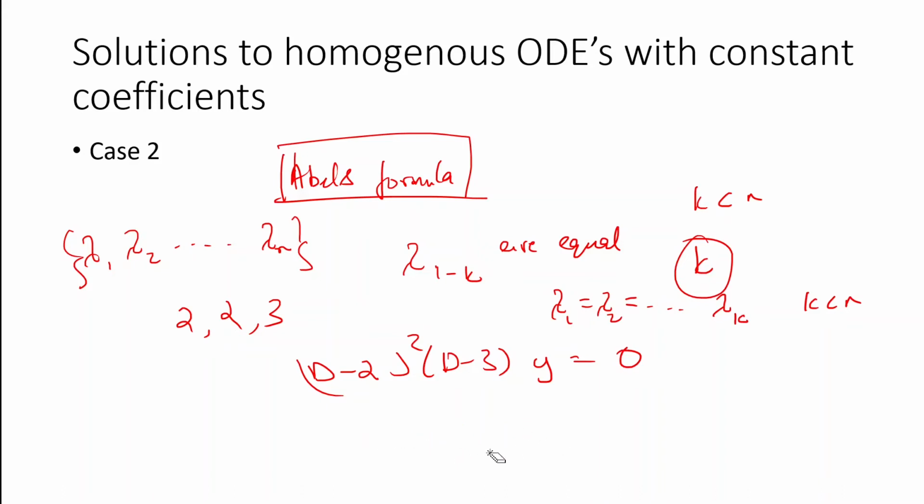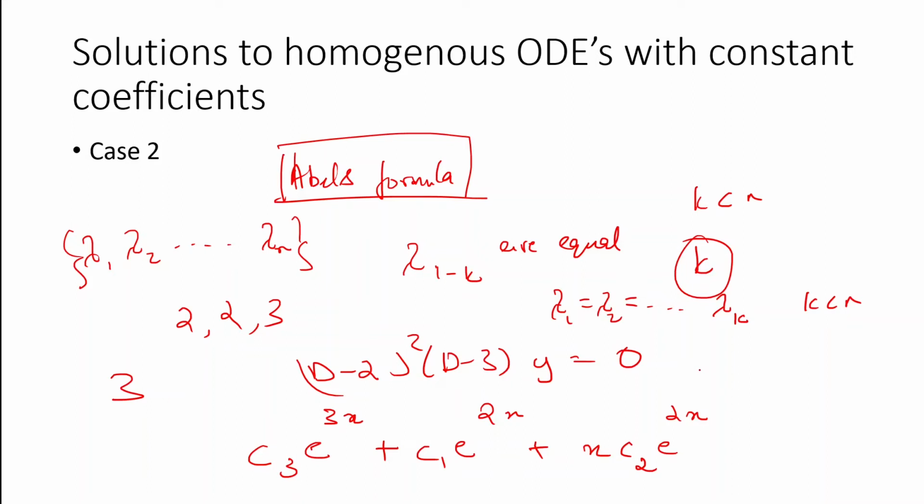So for the one that is different, we can directly write c3 e to the power 3x, plus one solution we can write as c1 e power 2x. But the second solution c2 e power 2x we cannot write. This is wrong. So what we do is multiply by some x and then write it.